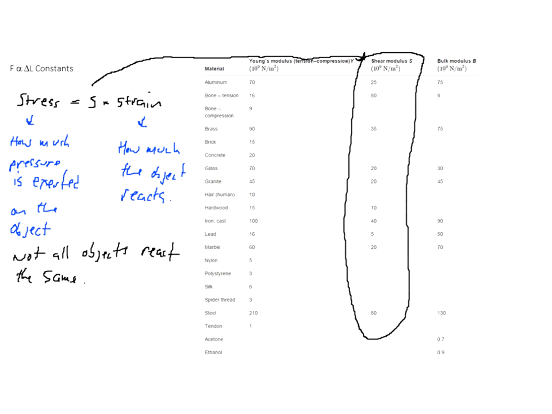So that means that bone compresses or stretches easier than aluminum. But aluminum is a lot easier to bend.